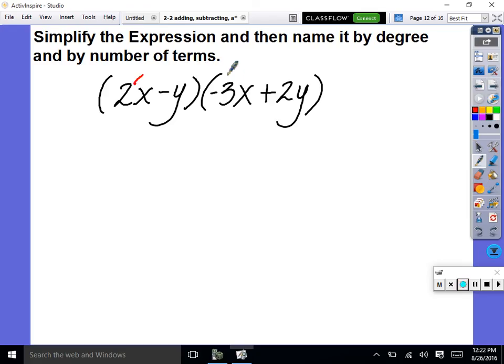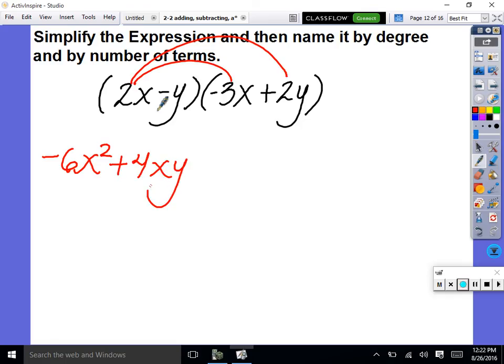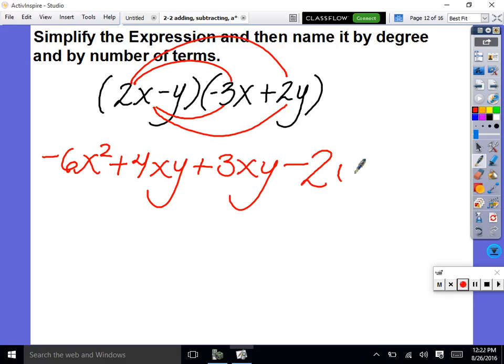So we have 2x times negative 3x, which is negative 6x squared, right? 2x times positive 2y is positive 4xy, right? Questions? Negative y times negative 3x, positive 3xy. Negative y times positive 2y would be negative 2y squared.